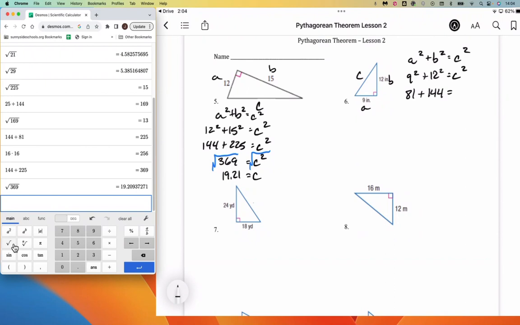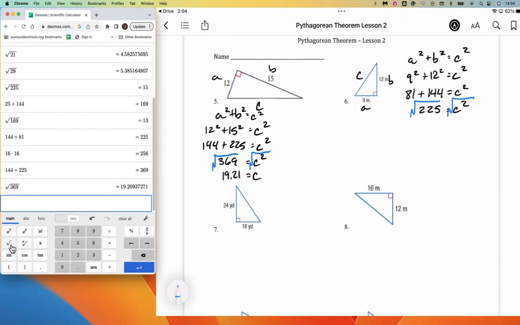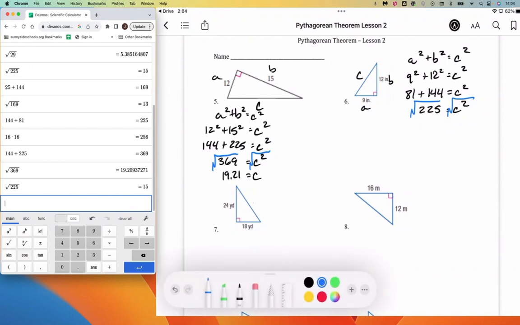That gives us 225. Square root on both sides. Square root of 225 is 15. So 15 equals c.